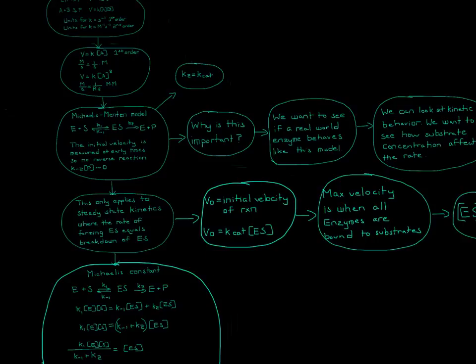Okay, so let's go over this. V0, what we designated over here, is the initial velocity of the reaction. So we can write the rate as velocity equals K cat, remember K2, multiplied by the enzyme-substrate complex. The max velocity is when all enzymes are bound to substrates.